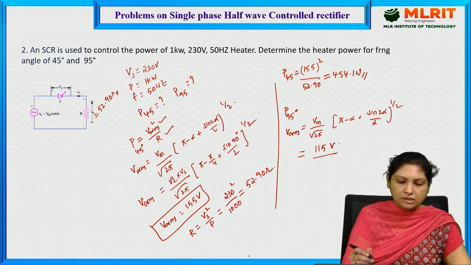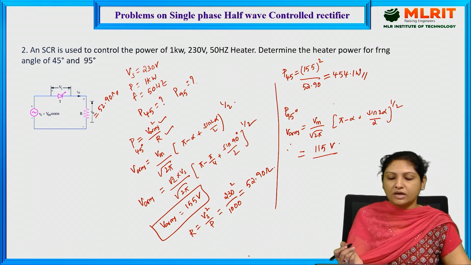This is the V0 RMS for alpha is equal to 95 degrees.